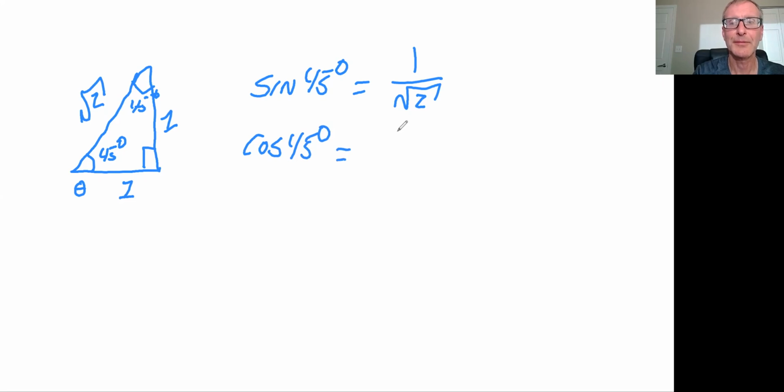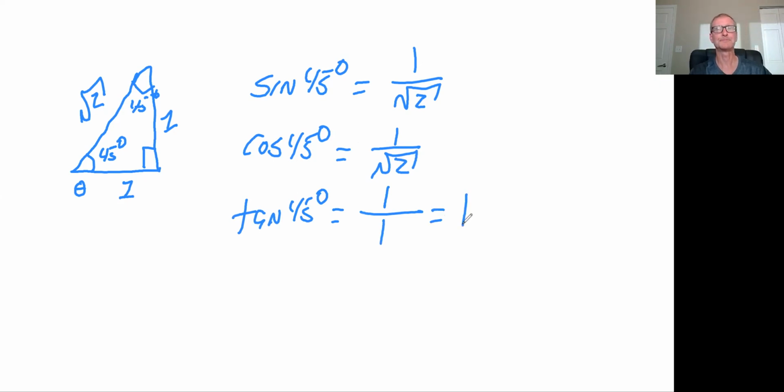That is adjacent, which again is 1, over hypotenuse, which is square root of 2. And what is tangent? Tangent of 45 degrees would be opposite over adjacent. So that one would equal 1.